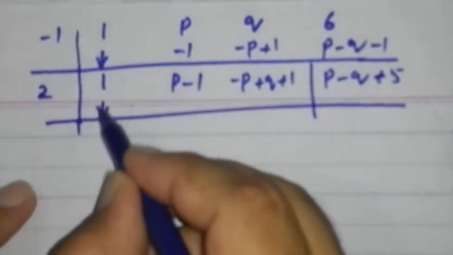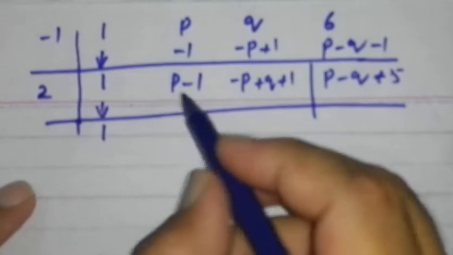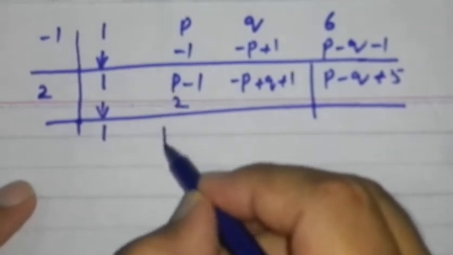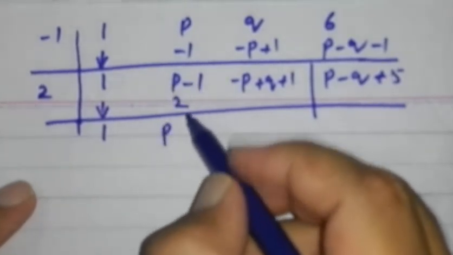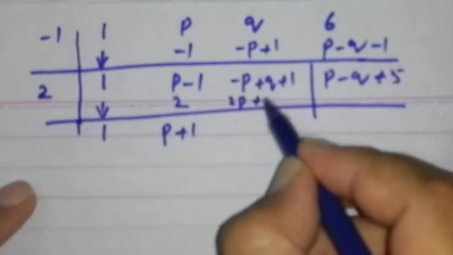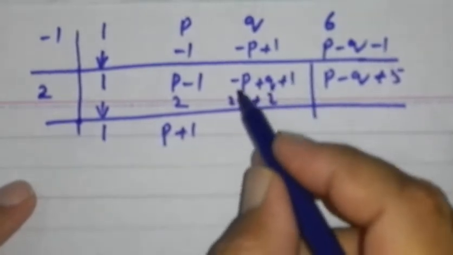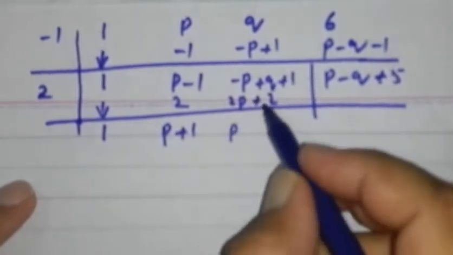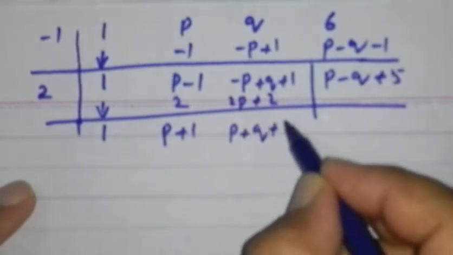Take this one down, 2 ones are 2. Here we get p, 2 minus 1 we get plus 1. Now 2p plus 2, so 2p minus p we get p, and here q, and 2 plus 1 we get 3.